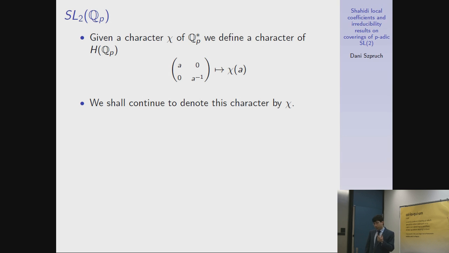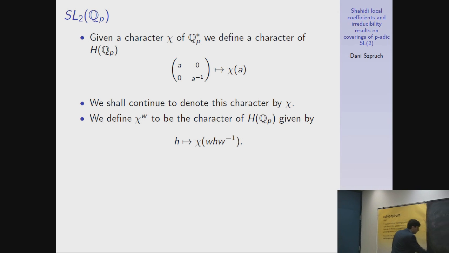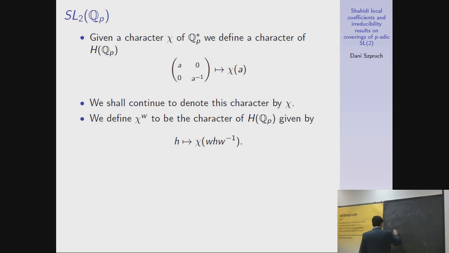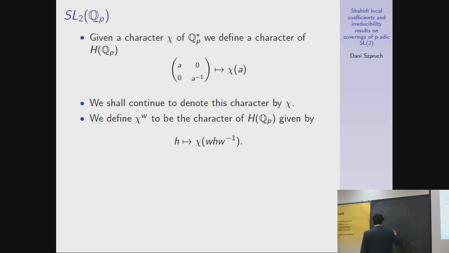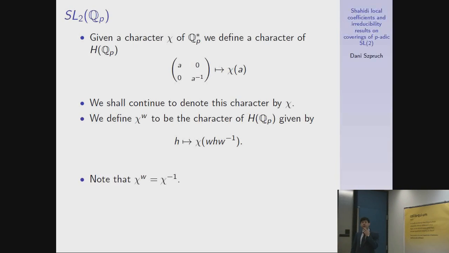Now, in each context where you have a normalizer of the group, it acts on the characters. So we define chi W to be the character of HQP given by h goes to chi of WHW inverse. It's really easy to multiply the matrices. It simply swaps a and a inverse. So, in other words, chi W is nothing but chi inverse. Okay?